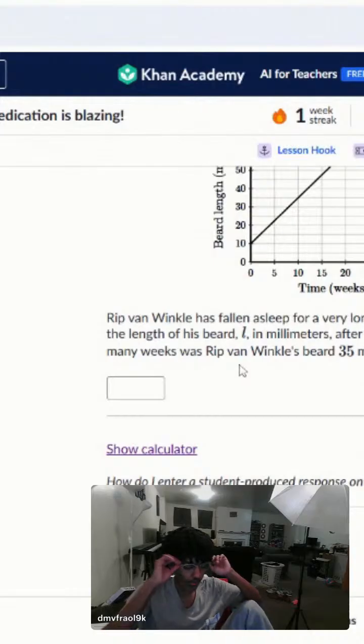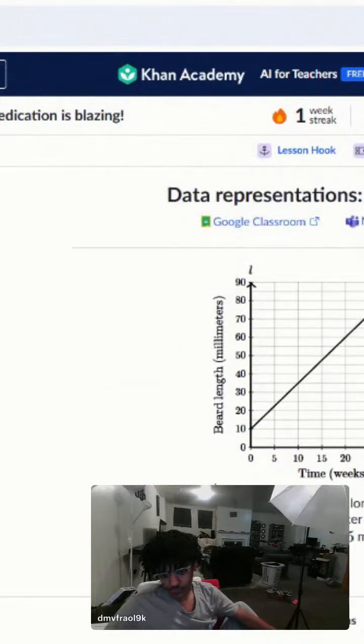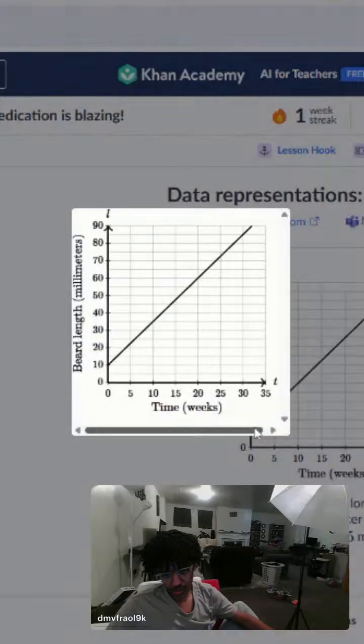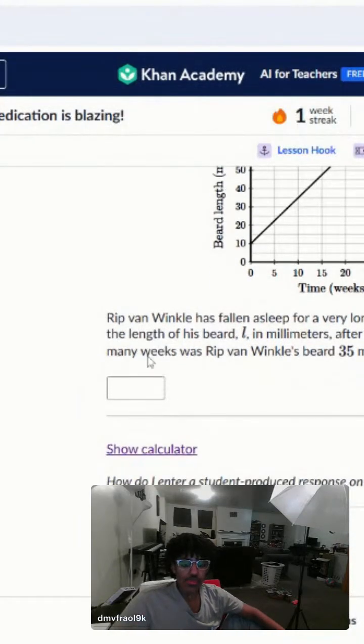Rip Van Winkle. Wait. I hate the really long graphs, but Rip Van Winkle has fallen asleep for a very long time. The graph describes the length of his beard in millimeters after T weeks of sleep.